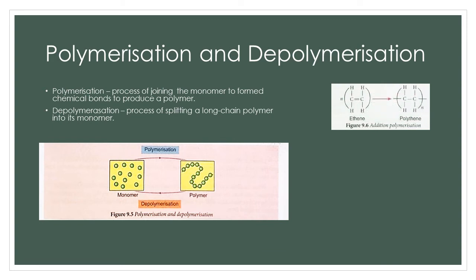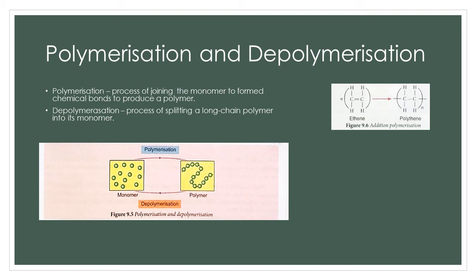Okay, now you look at addition polymerization. This is in ethene. Do you remember polythene just now? Ethene has a double bond. You can see between the two carbon atoms, C, there is a double bond.